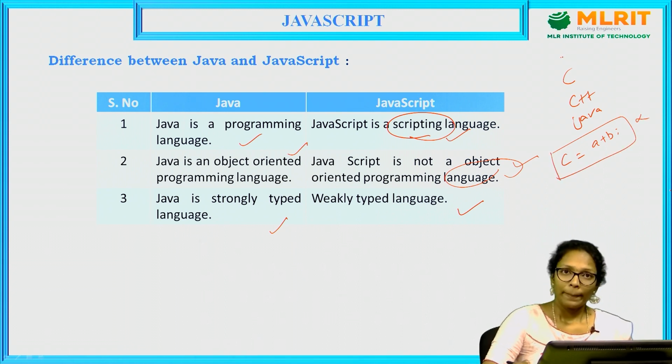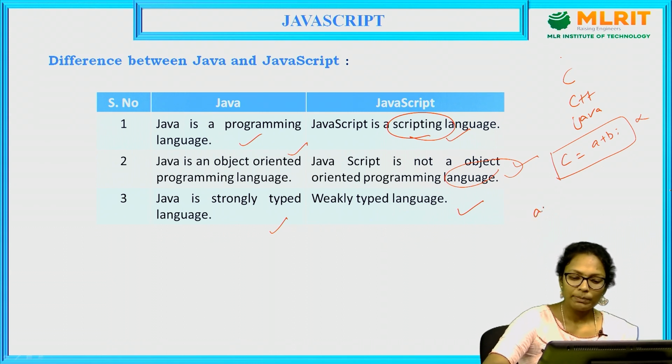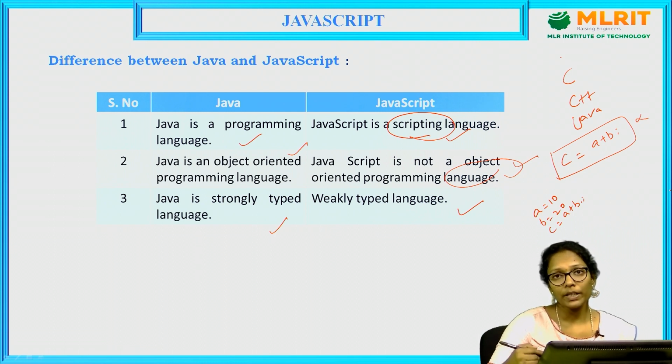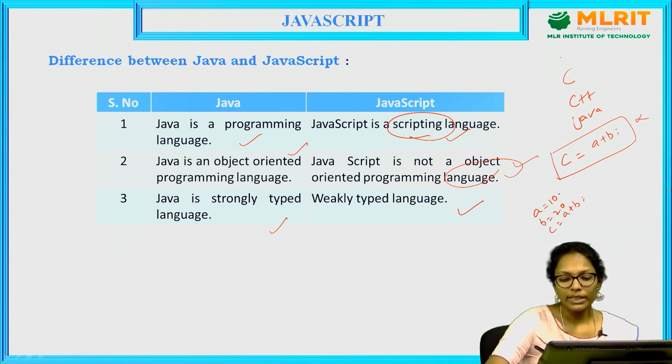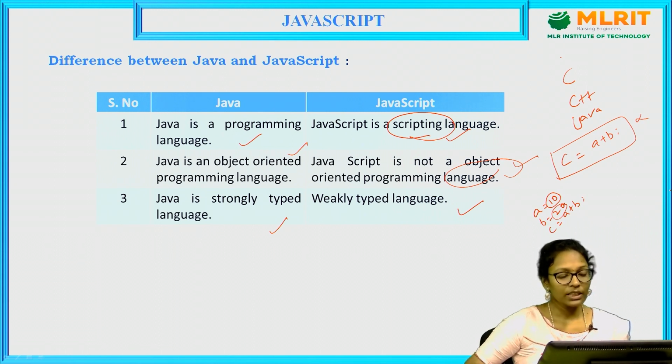But in JavaScript, I can simply assign values and add them without declaring them. I'm not specifying A, B, C as integers here. I'm simply assigning 10 to A, 20 to B and then adding. Seeing this value, JavaScript will identify that this data type is integer. So these are the differences between Java and JavaScript.